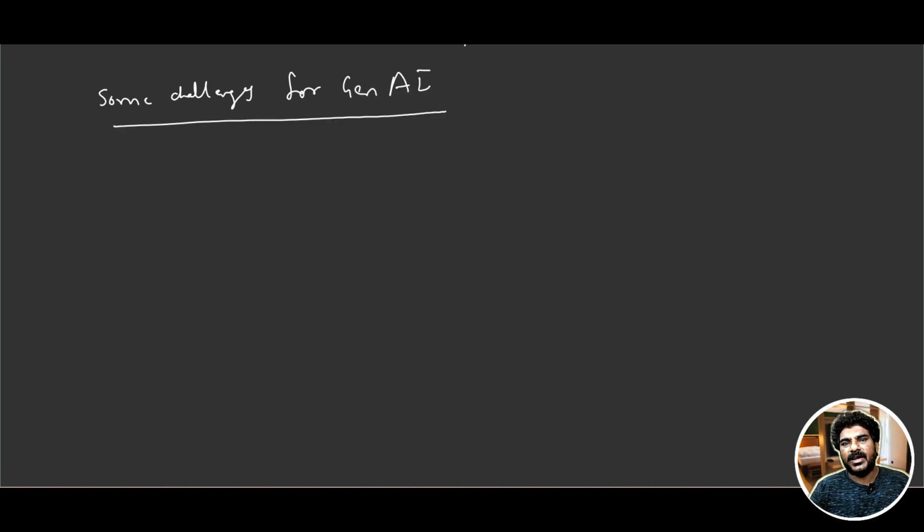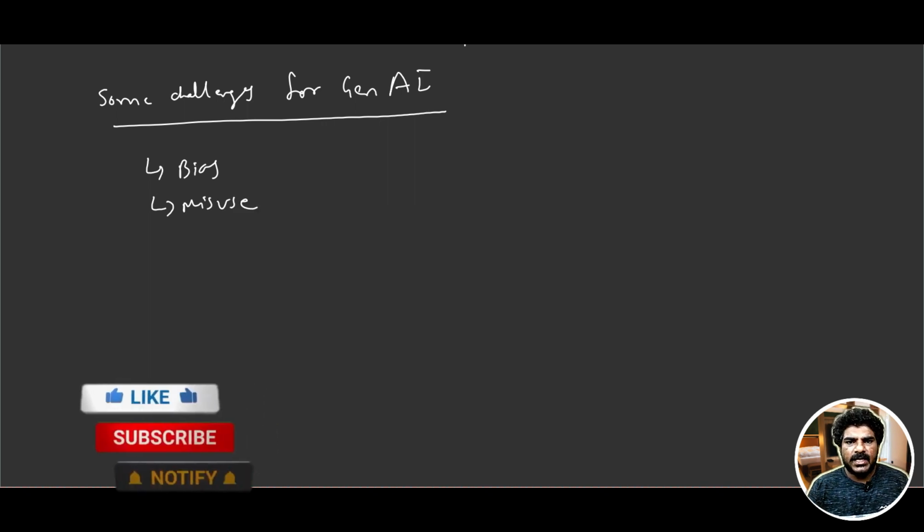Let's understand some challenges for generative AI. We know that this field is rapidly evolving or booming, so there are some challenges which need to be addressed. The first challenge is bias. When you build generative AI models, there are chances that they get biased. Second is misuse.